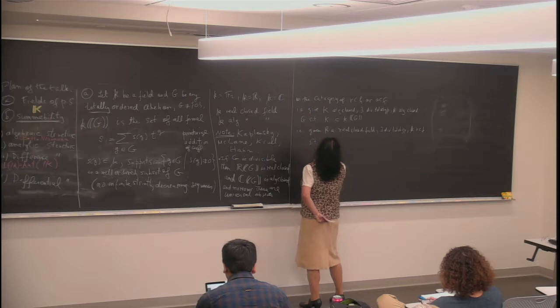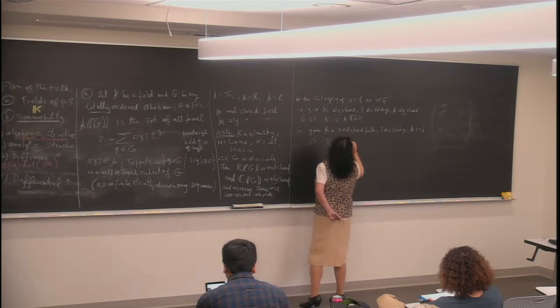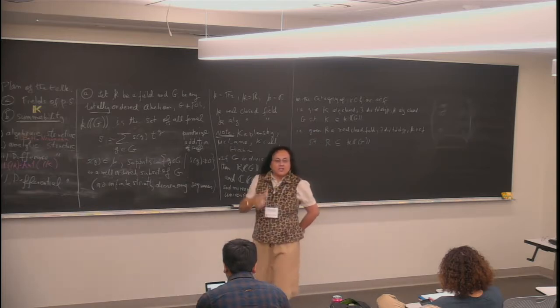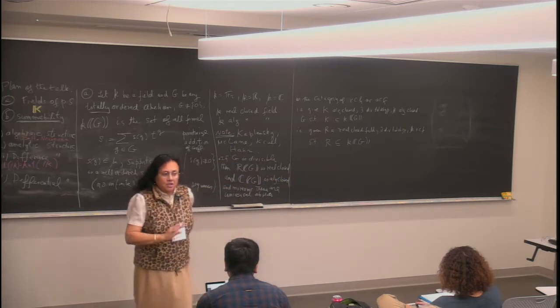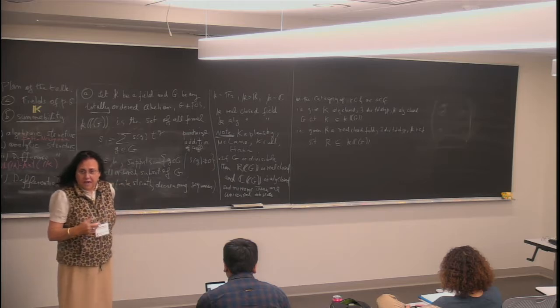So these are universal objects, and for the purpose of commutative algebra, this is the reason why we like them so much. But you see here, there exists a G. I'm saying there exists a G.